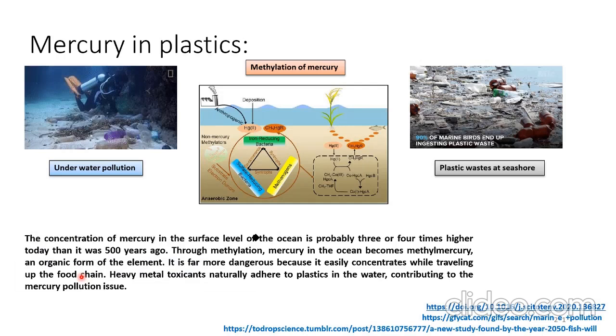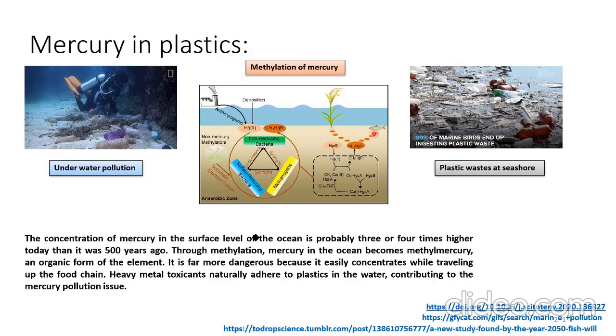Then mercury in plastics. Methylation of mercury is a major cause of underwater pollution, and it comes from the plastic wastes at the seashore and goes inside the sea, where it affects the marine life.